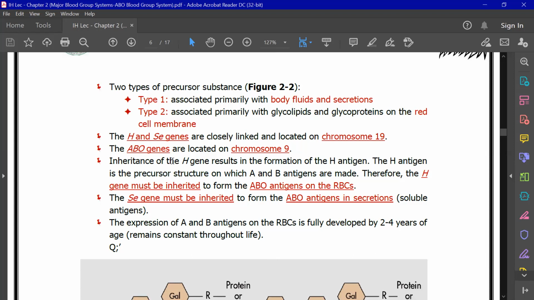So again, I repeat, the inheritance of your H gene results in the formation of your H antigen. The inheritance of your ABO gene results in the formation of your A and B antigens on the red cells. Your SE gene results in the formation of your A and B antigens in the secretions.